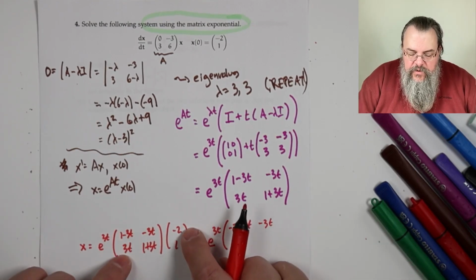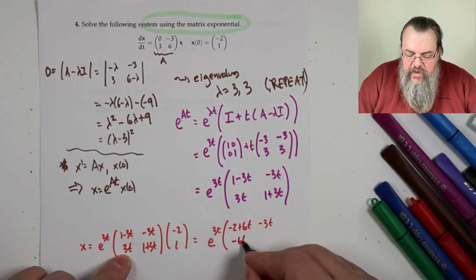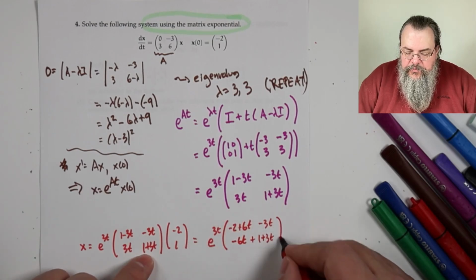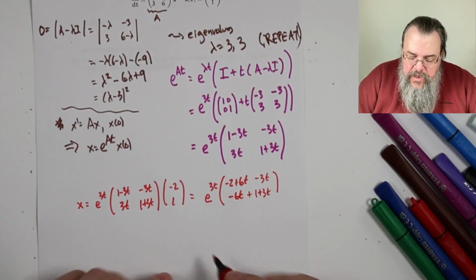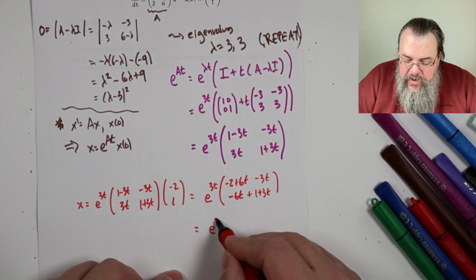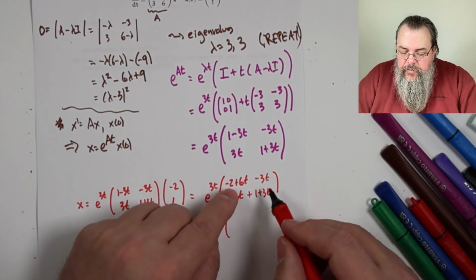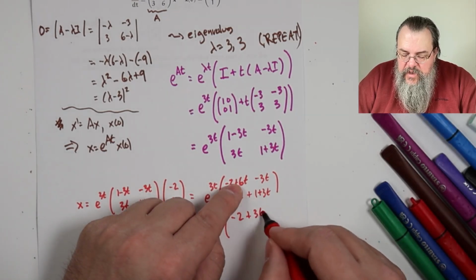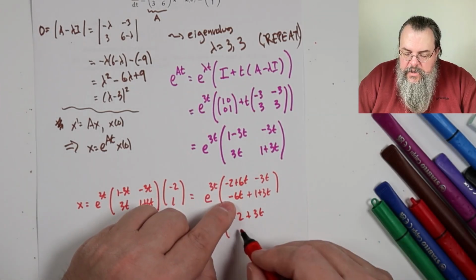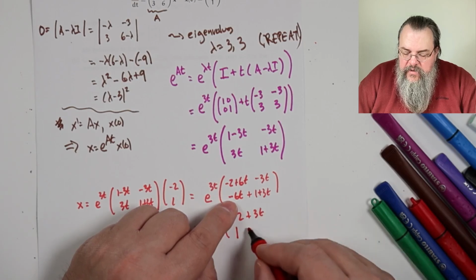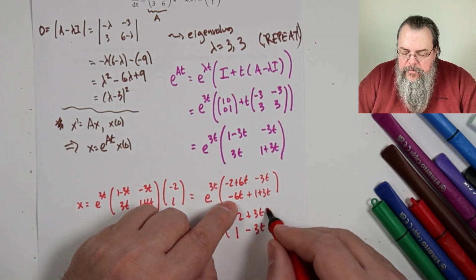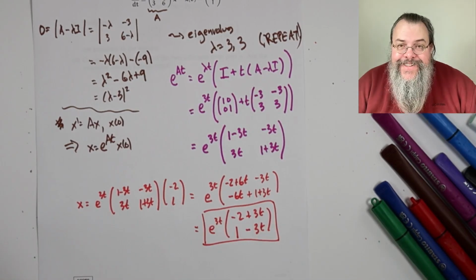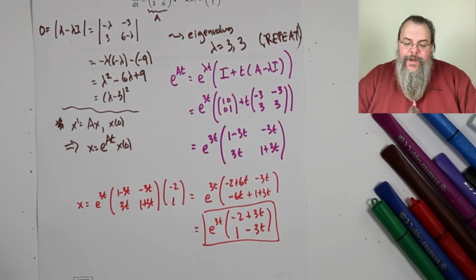And then we get minus 2 times 3t, which is minus 6t, and then plus 1 plus 3t. So that becomes e to the 3t times the vector: minus 2, and 6t minus 3t is 3t, and then we have 1, and then 3t minus 6t is minus 3t. And that's it. There's our answer.